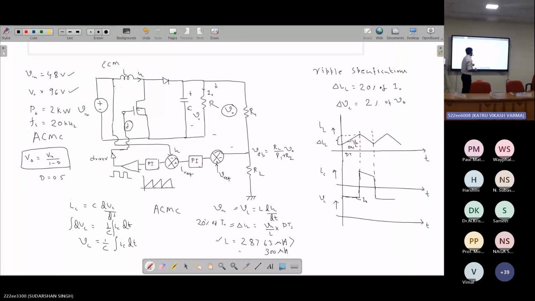Now you can understand that during on time IC is constant, so if you integrate, it will vary linearly. So during on time, the capacitor will discharge linearly. And during off time, the current is varying linearly, so you will get a parabolic relationship, but as the time is very short, you will again see kind of a linear behavior.